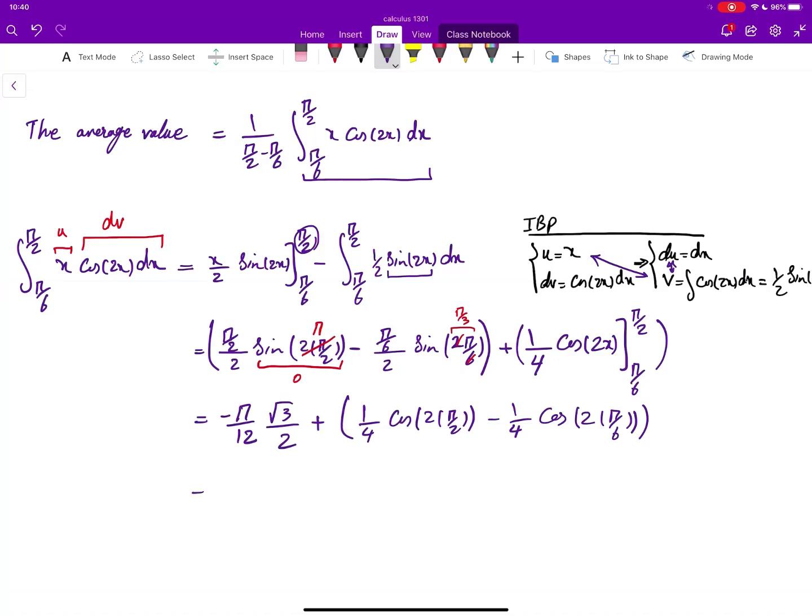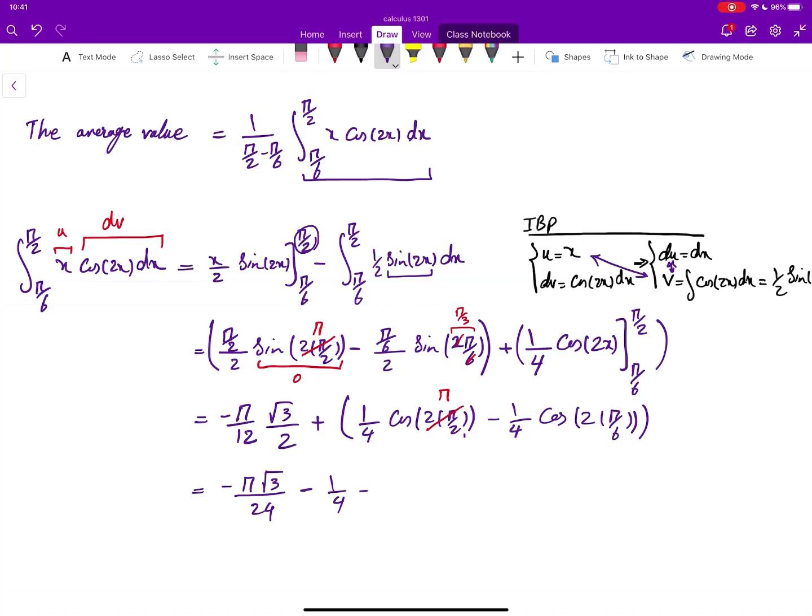Okay, so let me write this: pi root 3 over 24 plus. You see, these two cancel, just get cosine of pi. Cosine of pi is negative 1, so that will turn 1 over 4 to negative 1 over 4.